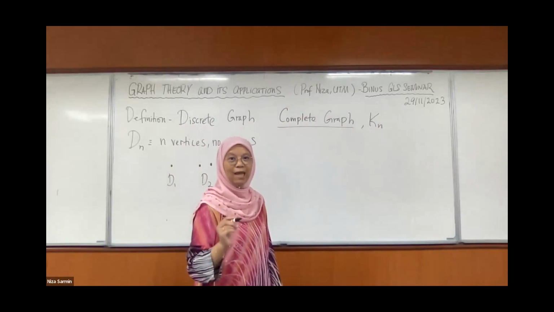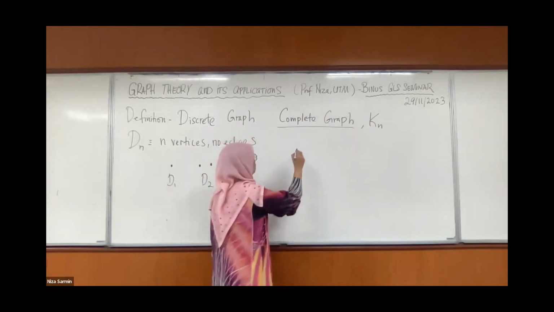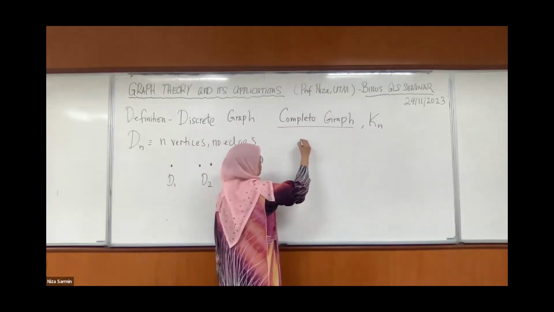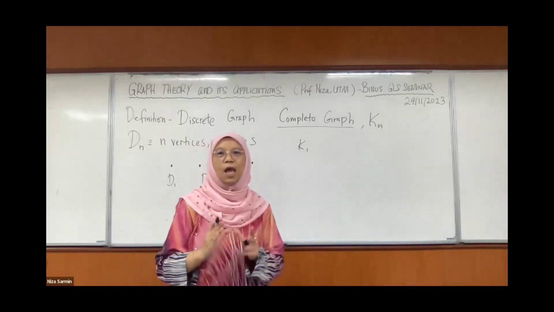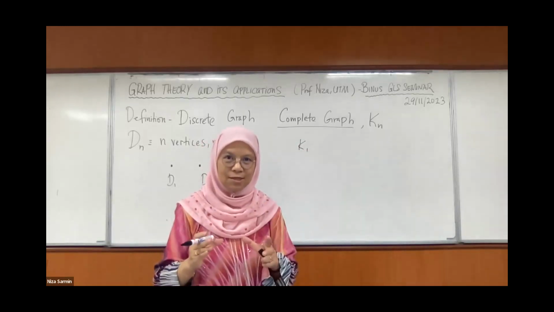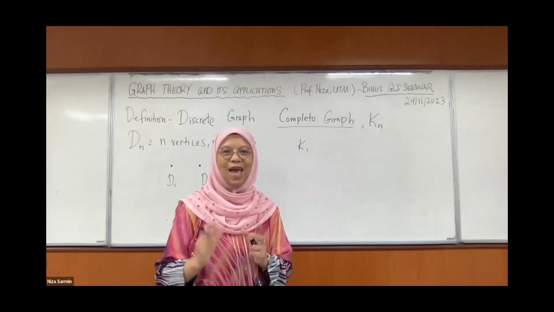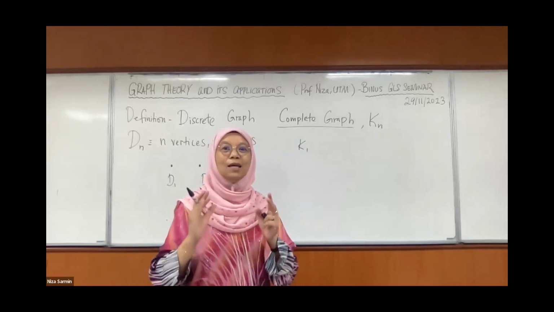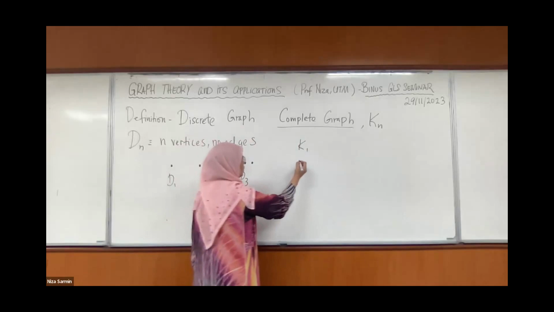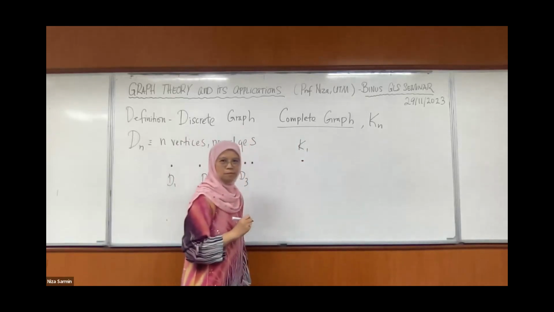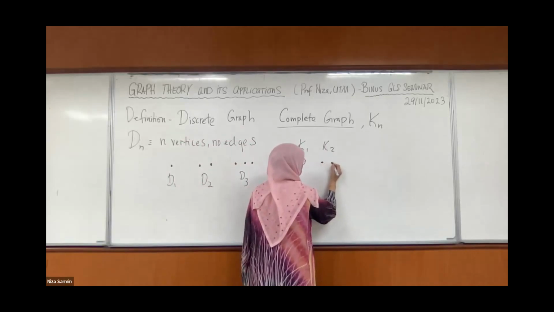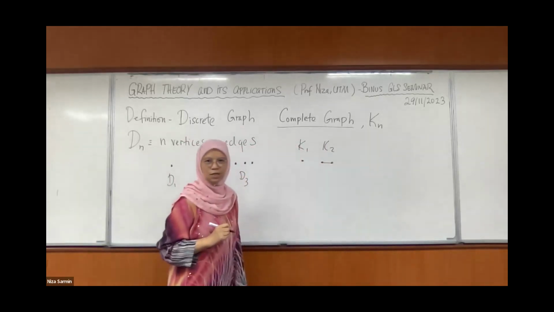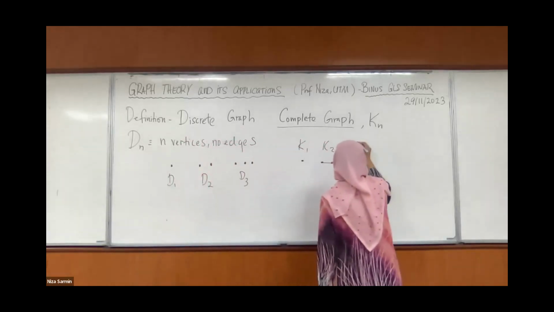The definition is that every vertex is adjacent to every other. So K1 is just one vertex. K2 has 2 vertices which are adjacent. K3.